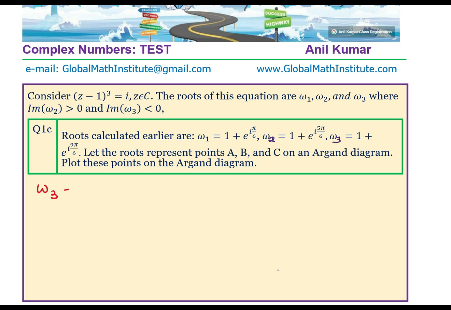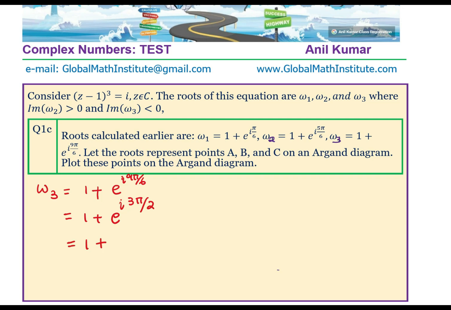Omega 3 is equal to 1 plus e to the power of i 9 pi by 6, which is 1 plus e to the power of i 3 pi by 2, since you can cancel 3.